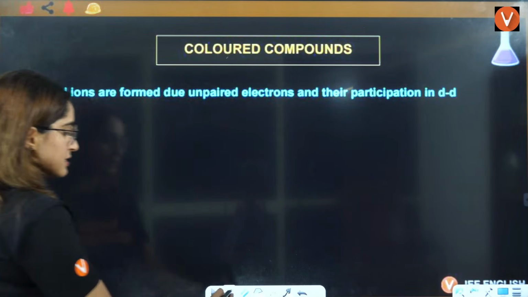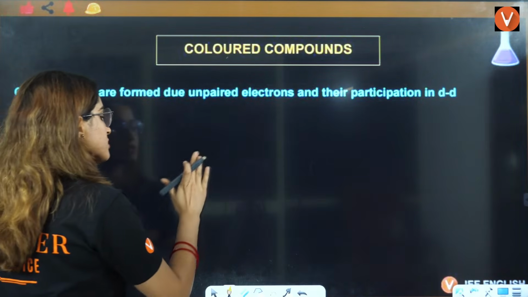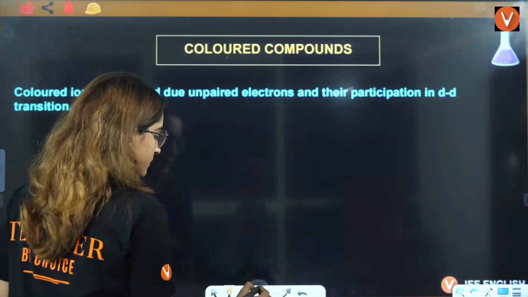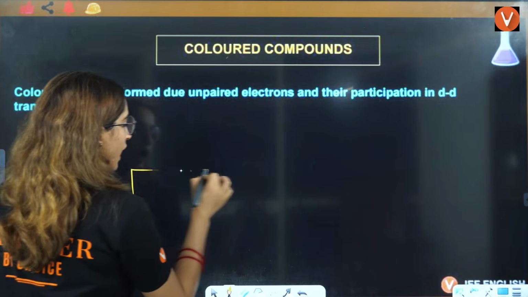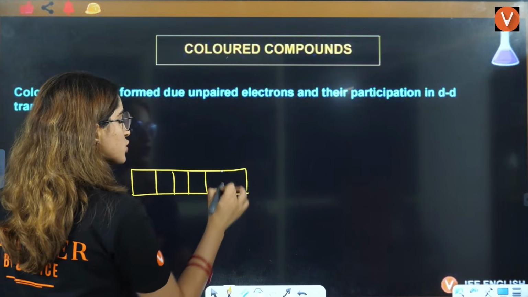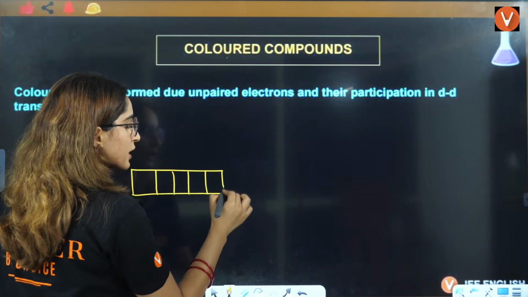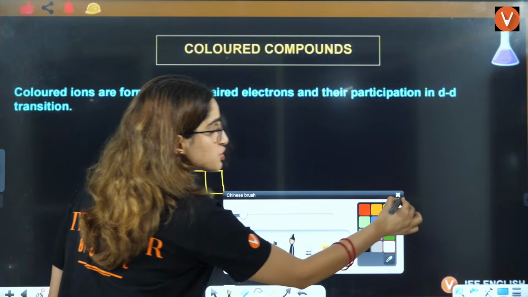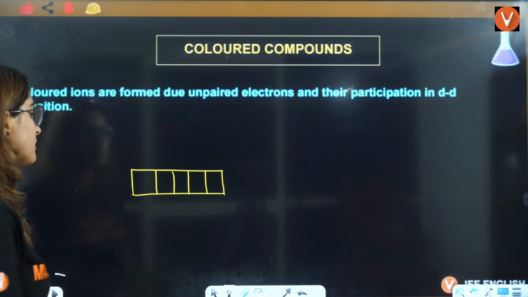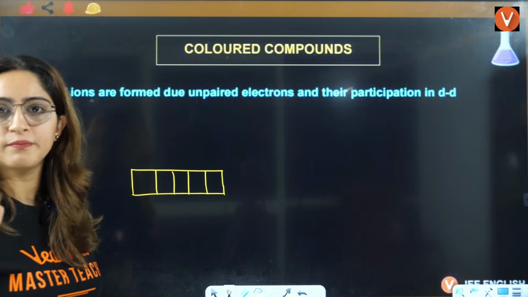The reason is that they have d-d transitions, okay? I'll show you what exactly happens here. You have 5 orbitals, 1, 2, 3, 4, 5, and you are going to study this in detail in coordination chemistry. These are degenerate orbitals of the d subshell.